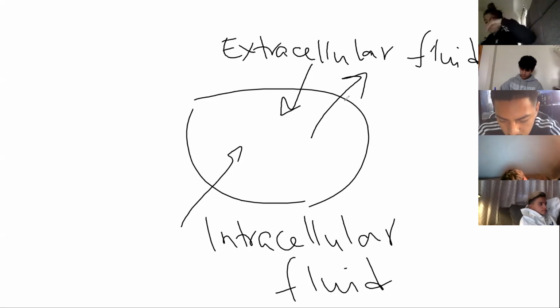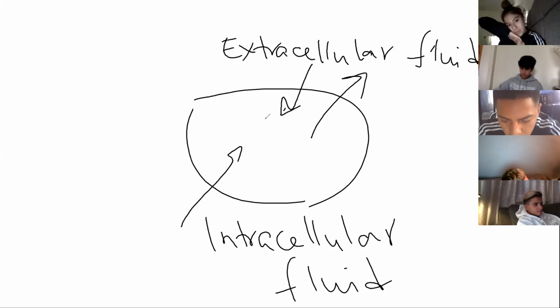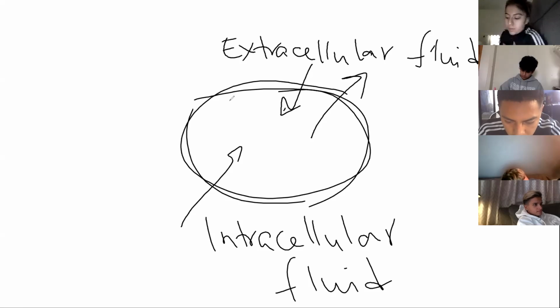It would run together, right? It's not going to make any sense. If water moves freely inside and outside the cell, the cell won't be able to keep its interior stable, right?